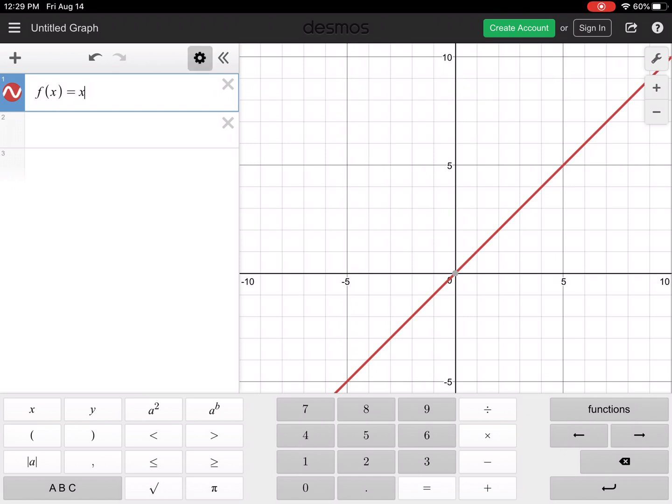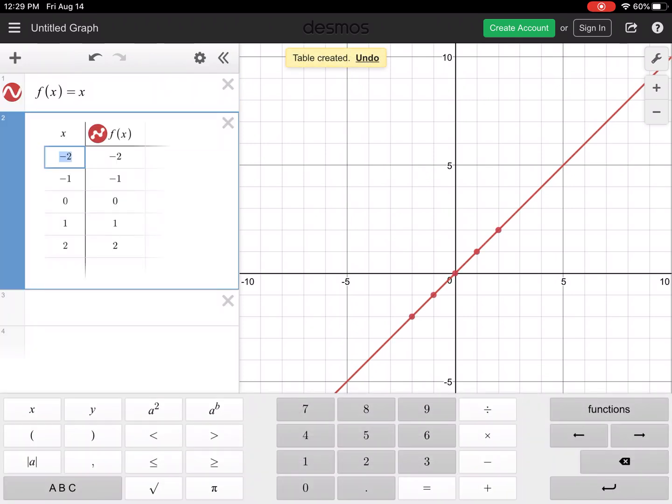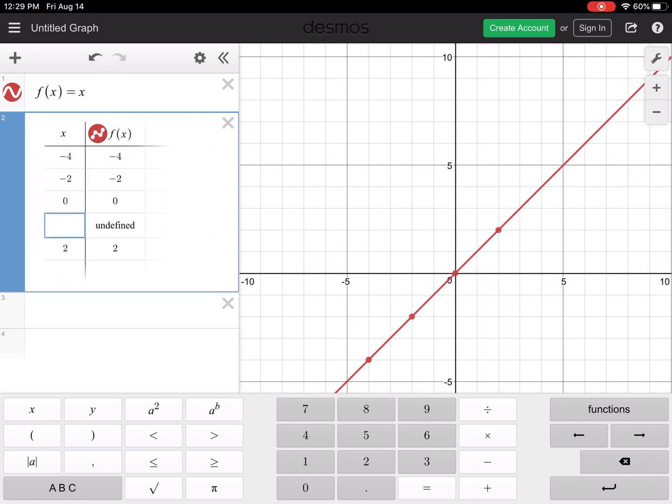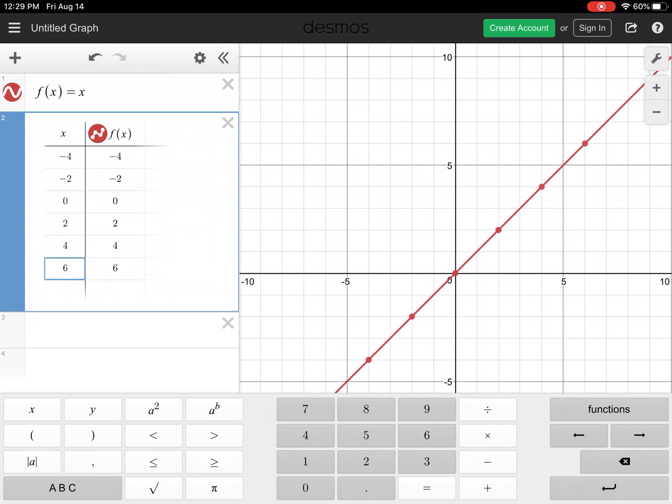You can even create a table for it, and it'll do that table for you. Like -4. Sorry, I needed a negative there. -2, 0, 2, 4, and 6.